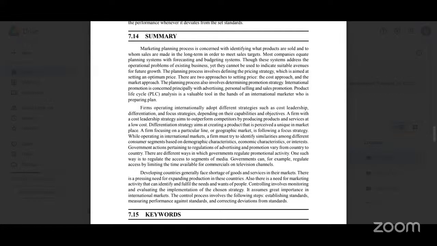So these are the three things that we consider for international promotion. Publicity is not something that we consider, as it is not as effective and not as possible as in a domestic market. The next one was the product life cycle, going through the introduction, growth, maturity, and decline stages.